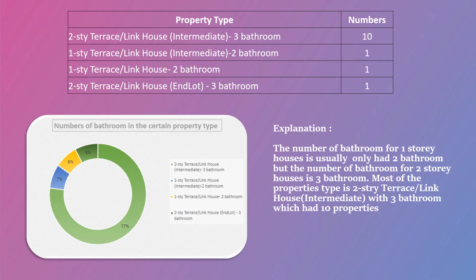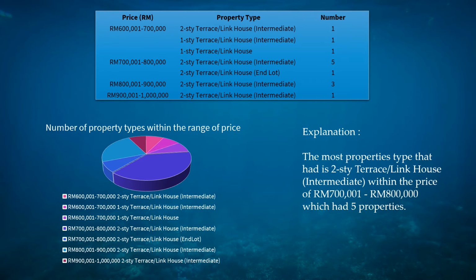From the graph, we notice that one-story houses usually have only 2 bathrooms, but 2-story houses have 3 bathrooms. Among these 13 properties, the most common is the 2-story, terrace, link house, intermediate with 3 bathrooms.